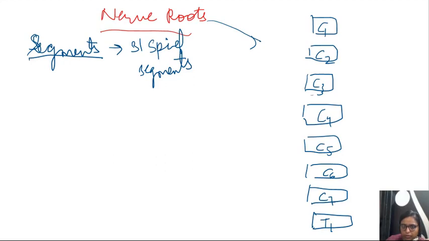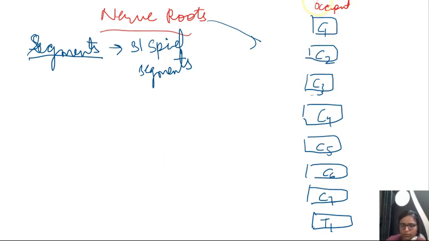See here very carefully, we have seen we have the 8 cervical segments. And what are the nerve roots? Nerve roots are nothing but nerves, extensions of the nerves which are arising from your segments.